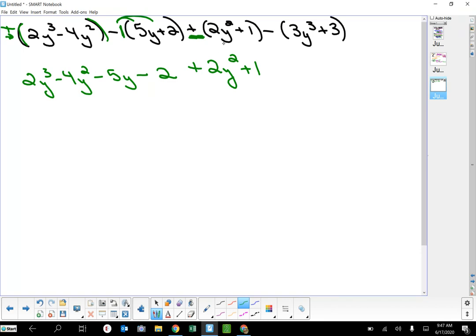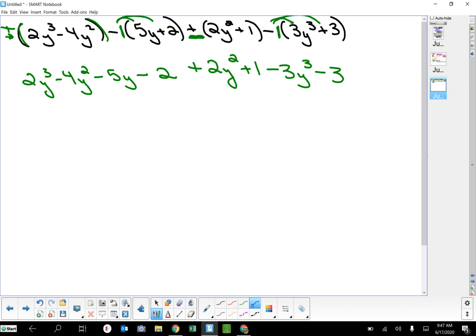We already brought down the next binomial, plus 2y squared plus 1. And then there's another minus here at the end. So put your 1 in there and distribute. So I have a minus 3y cubed minus 3. The negative or minus signs are super important. And generally, it's where people kind of lose their minds and make mistakes. So just be careful. Then combine any like terms.